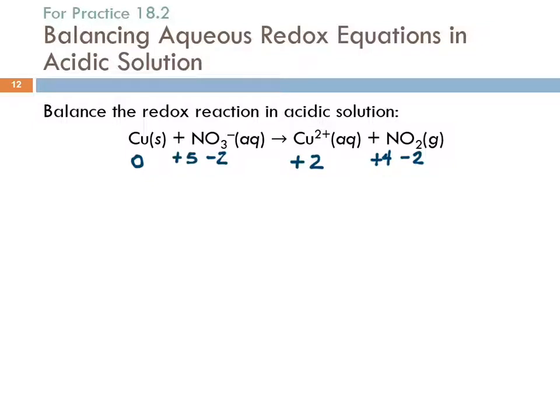Okay, so what is being oxidized? Copper. The copper's being oxidized because it's going up. So oxidized, I'm going to put copper to Cu2 plus. And then what's being reduced?